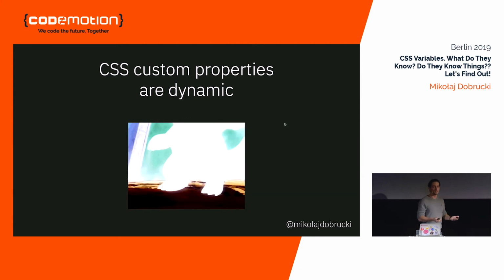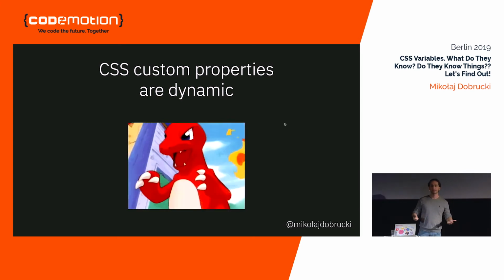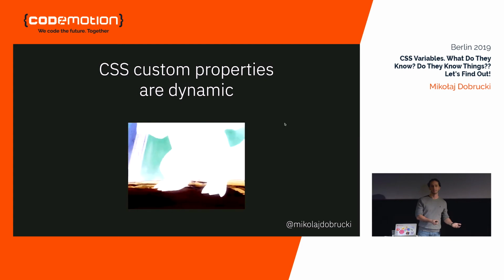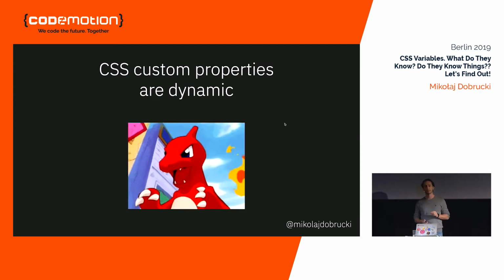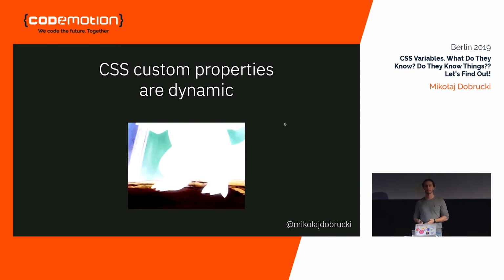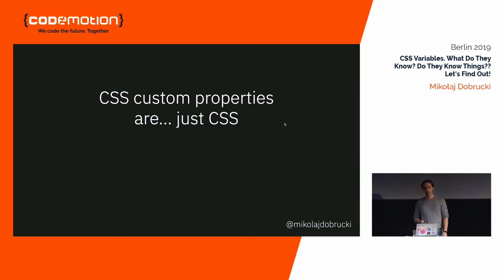And because of that, we cannot really manipulate them. We cannot manipulate variables that do not exist anymore. With CSS custom properties, that's completely different. You can manipulate them in real time in your code at any stage you want. And yeah, they are just CSS. So they are with you all the time.